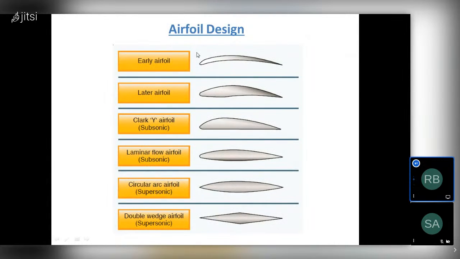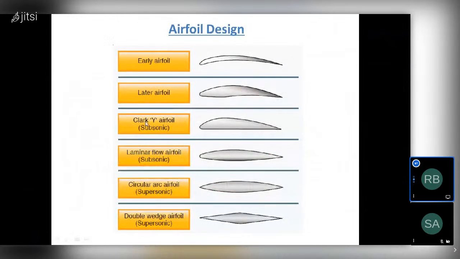Sonic aircraft, subsonic, supersonic, hypersonic aircraft, like that. Based on the speed, we have different aerofoils. As per our requirement, we choose the aerofoil and use it for design purposes, right?